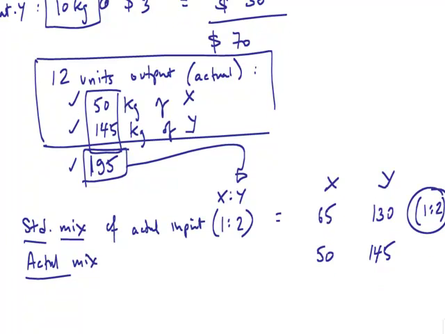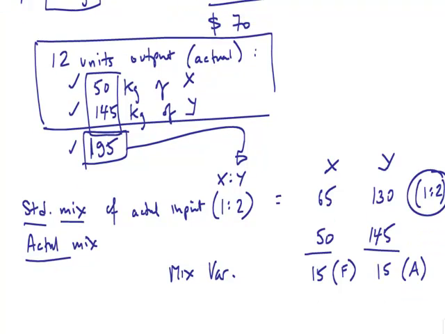This means that we have generated a mix variance, which is 15 kilograms favorable for X, in other words we used less of X, and also 15 kilograms for Y, but adverse in the case of Y. When we're talking about the units difference, they're going to be equal to each other, but in possibly different directions, so they offset each other.